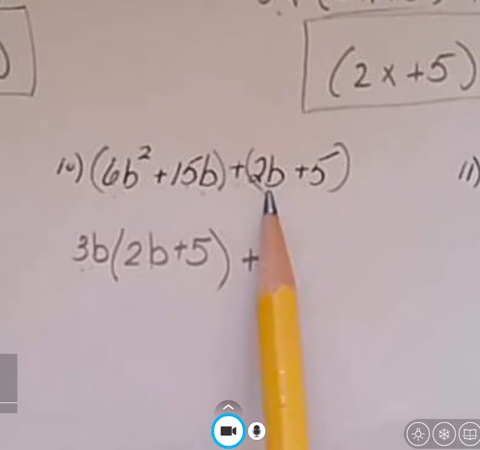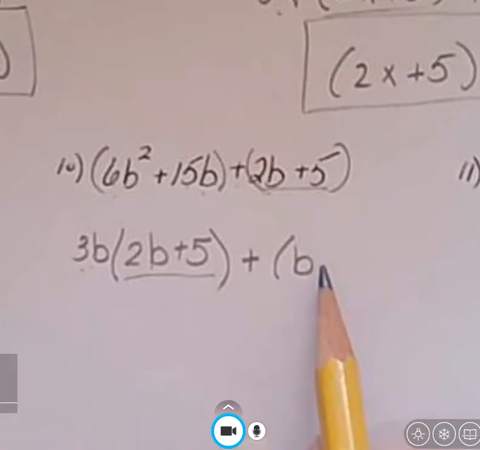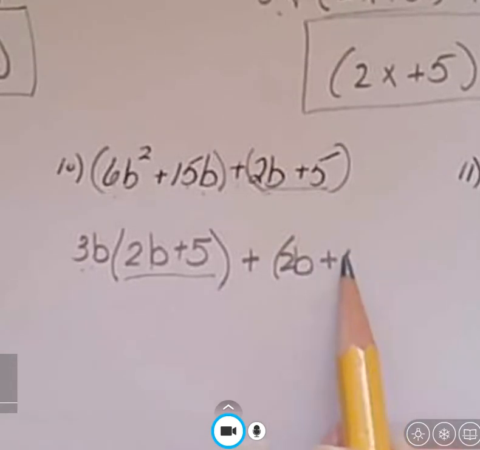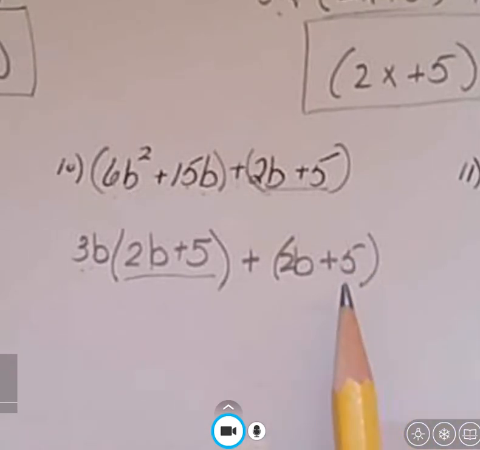And there's nothing common here that I can factor out. And I'm noticing that these are the same. So you know what, rewrite this in the parentheses, 2b plus 5. And if there's nothing common to factor out, put a 1 as a placeholder.